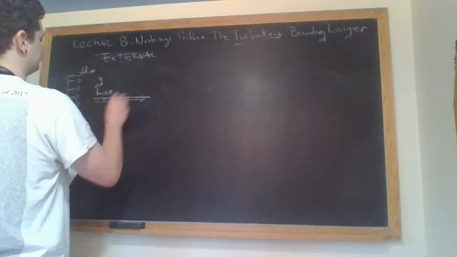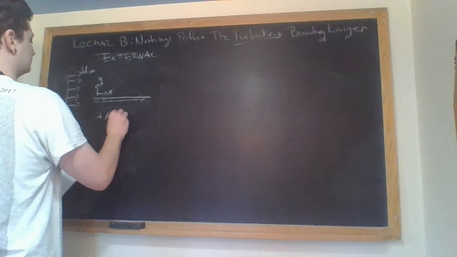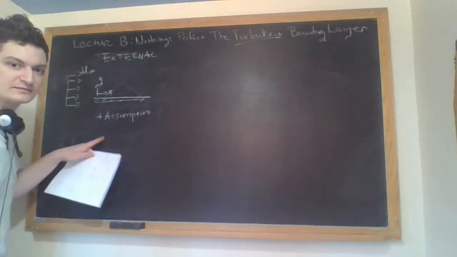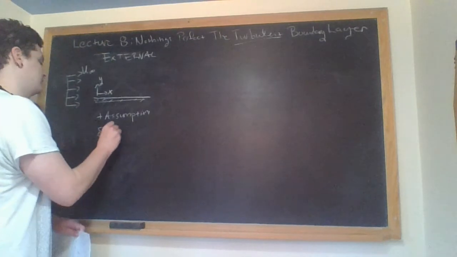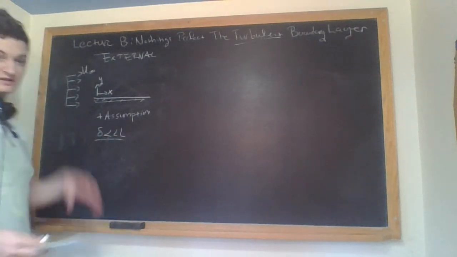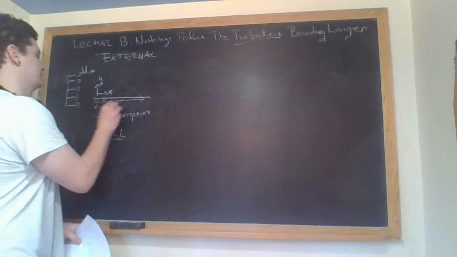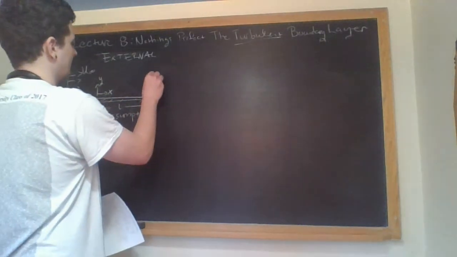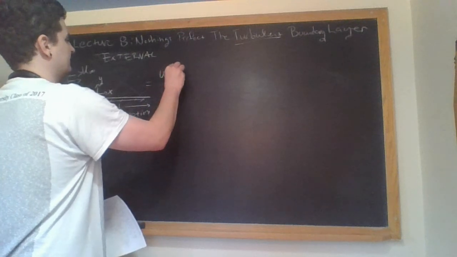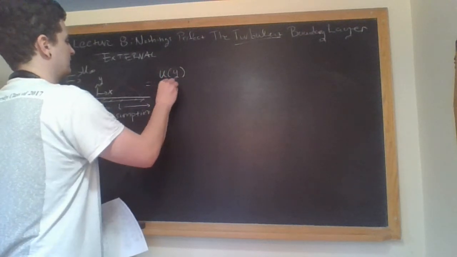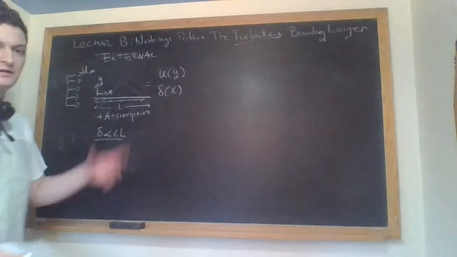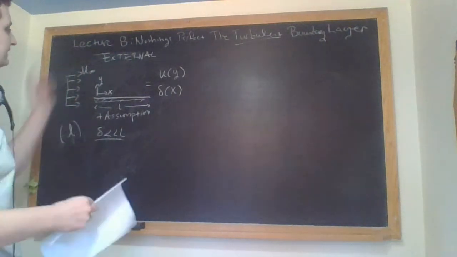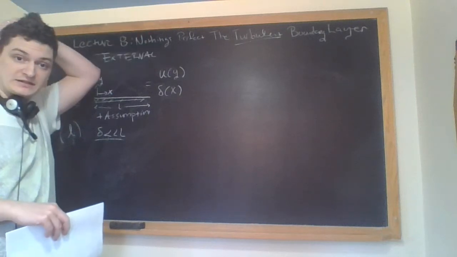We added some assumptions, a big one being that the boundary layer is a lot less than the length of the plate. We got scale equations, and for the laminar case, this gave us this equation here.